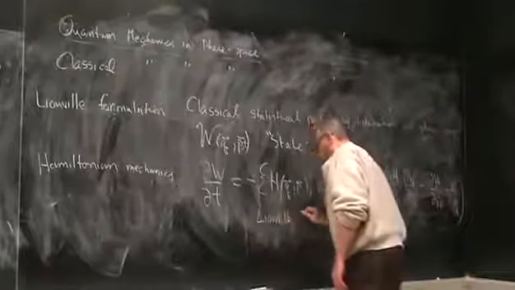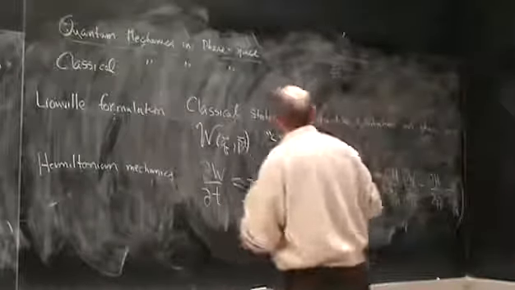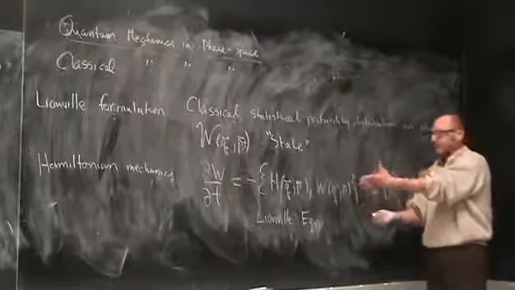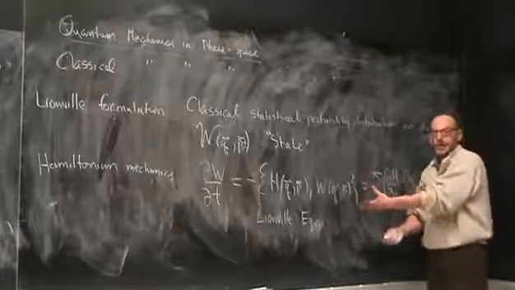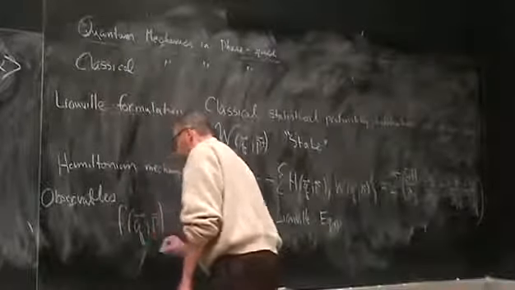So, under the Liouville formulation of classical mechanics, what we have is dynamics, in this case Hamiltonian dynamics, generated by the Poisson bracket, and I have observables I'll call them F, which are functions of the canonical coordinates.